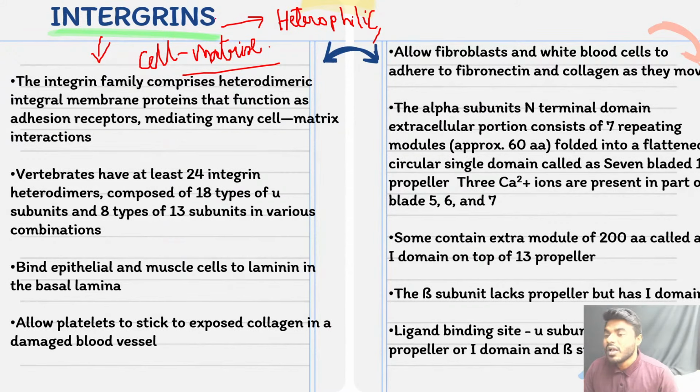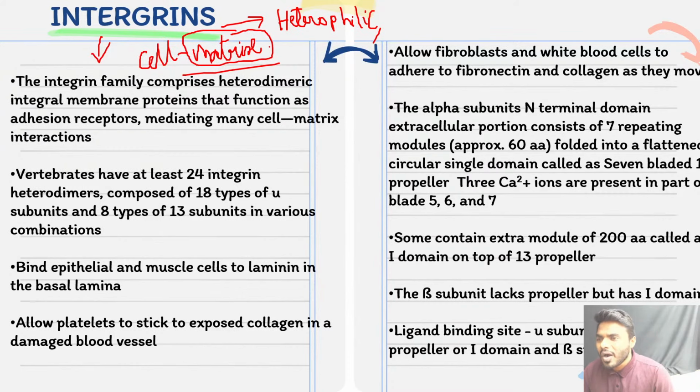listen to my statements very carefully, integrin molecule will go and associate with a particular protein present on the matrix. Is it, friends? Integrin molecules will go and associate with a particular protein present on the matrix.